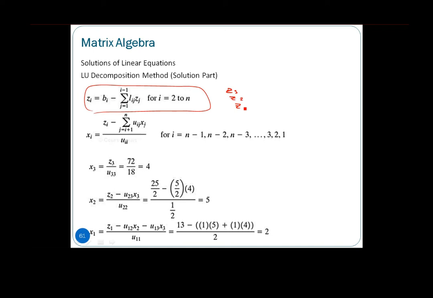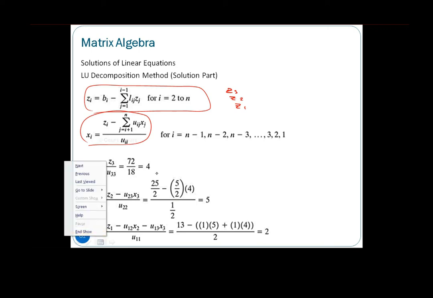Then substitute into here to find your x3, x2, and x1. So in the end you will get 4, 5, 2, same as the Gauss elimination method. So that is a little bit longer, but the step by step is already fixed. It is straightforward, but a little bit longer. You may consider that.